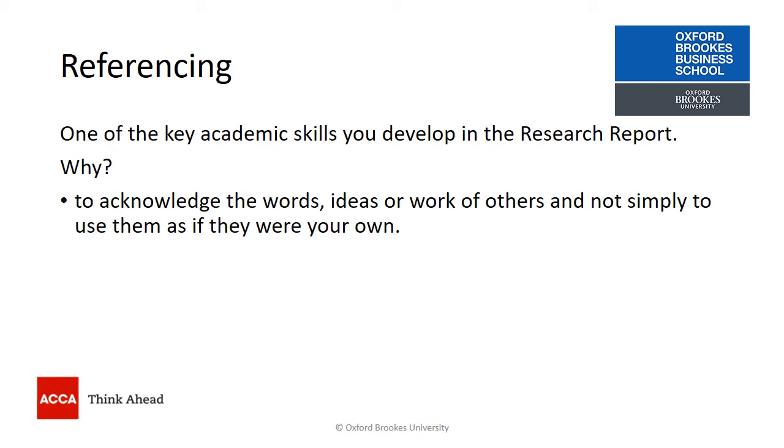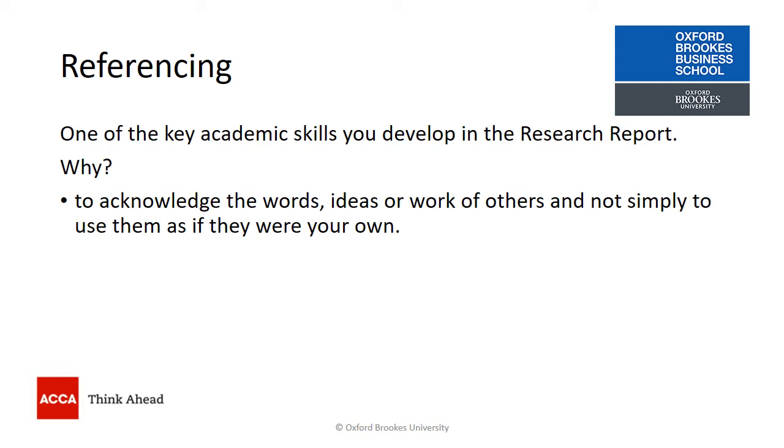So within the academic world, we are all working to generate knowledge. And if I am writing academic papers and create a new model or a framework or generate an idea, then I really want other people to acknowledge that and use that idea, but I do want to make sure that they tell everybody else that it was my idea in the first place.